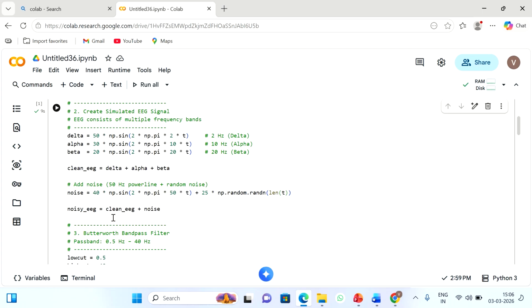What is the meaning? There are two types of noise added. Number one, power line interference: a 50 hertz sinusoid, common due to electrical noise. Then random noise: here we take white Gaussian noise using randn.